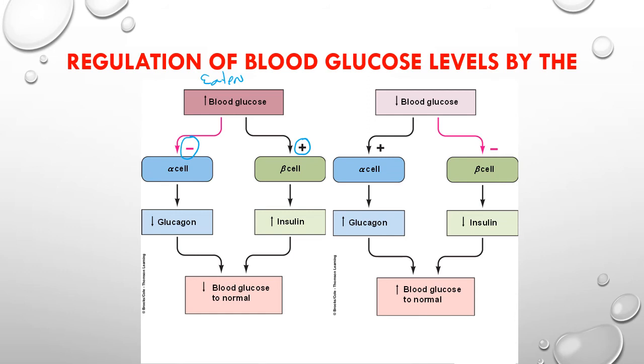After a period of time goes by, after we have, in a sense, been fasting, our blood glucose levels are now falling, and that's now going to increase the stimulation to our alpha cells. We're going to get an increase in glucagon, and we're going to inhibit those beta cells. And those beta cells are then going to decrease the insulin production. Blood glucose levels are going to start to rise once again.